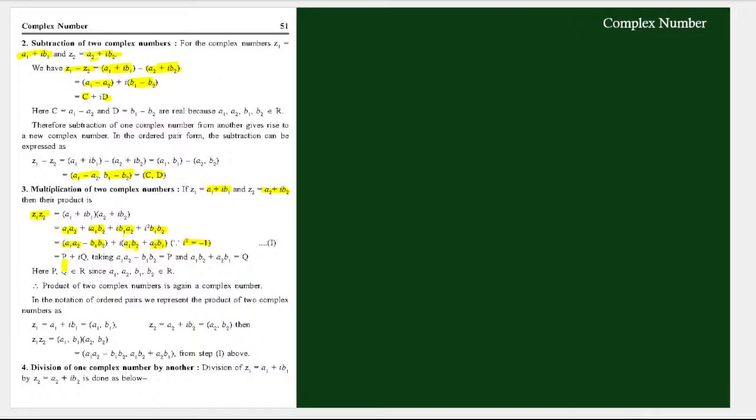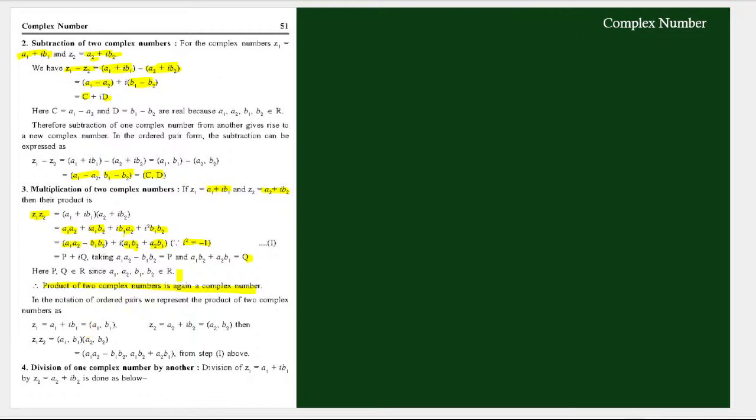So let's say this is your P, this is your Q. So P plus IQ, where P is your A1 A2 minus B1 B2 and Q is A1 B2 plus A2 B1. This is your Q. So here again it is also same, right? P and Q, this is your real number. So product of two complex number is also a complex number. So closure under multiplication.